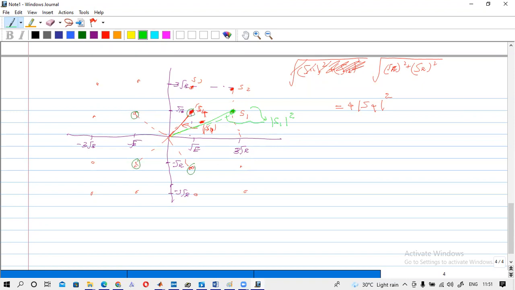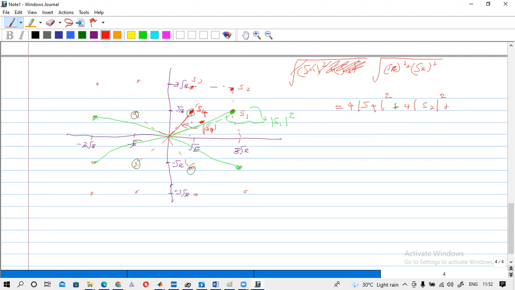And you can see that this distance, this distance, this distance, and this distance are also the same. So all four energies I can get as 4 times the magnitude of S2 squared.